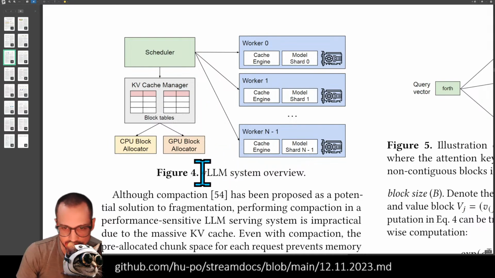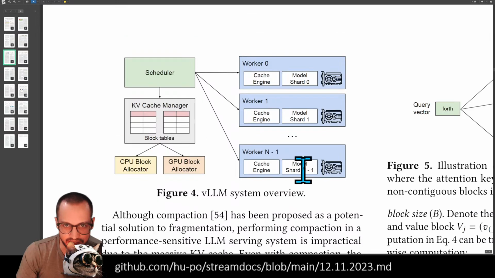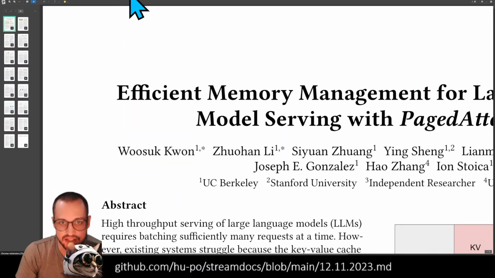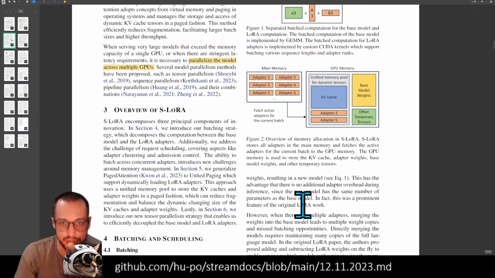So what vLLM is doing, in a more complicated, convoluted way, is basically based on the fact that because the model is sharded across different GPUs, you don't need to have the full KV cache in every single one. You can just have specific parts of the KV cache given to that specific GPU, which only has part of the model. And then you have this scheduler, which does all the routing for that. So that's what vLLM is, and S-LoRA is basically building on that work.